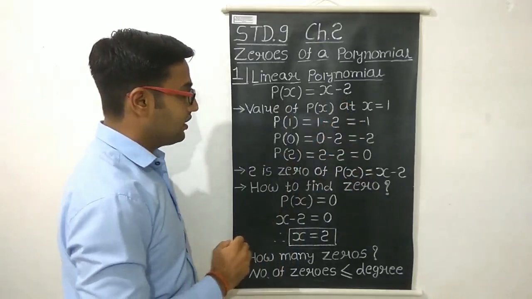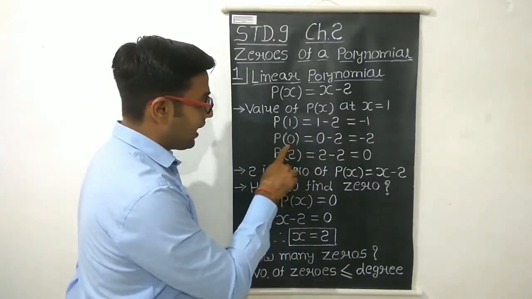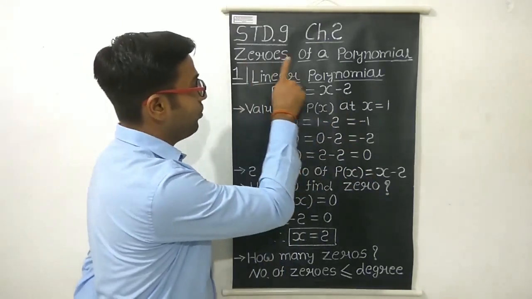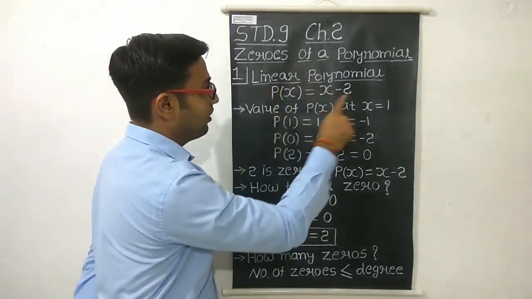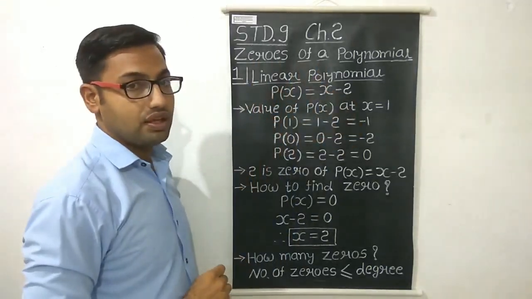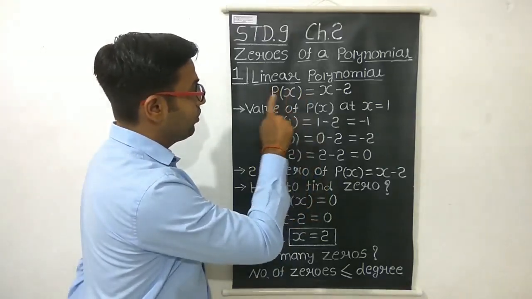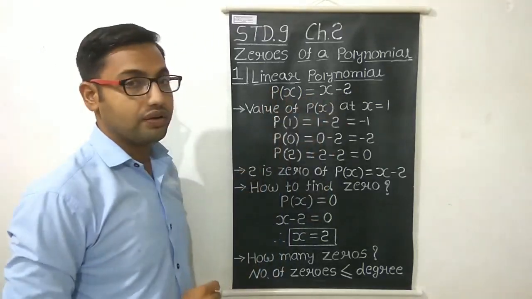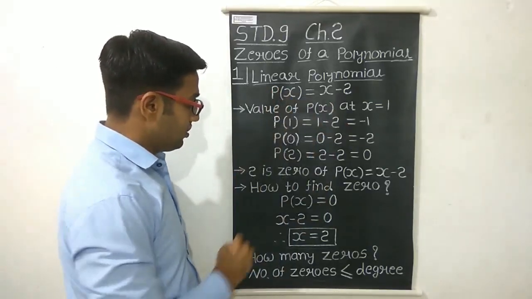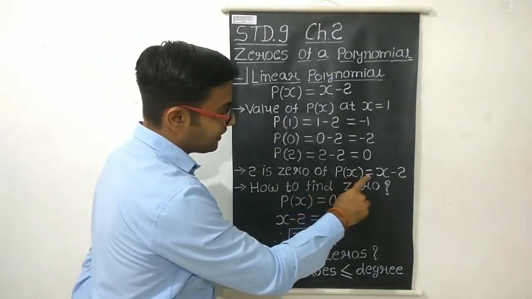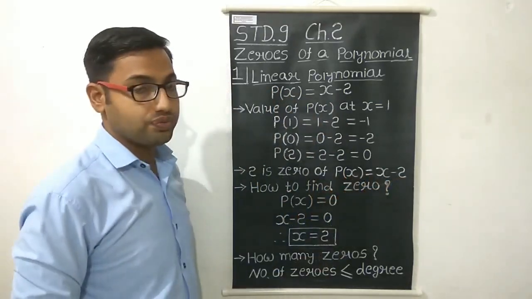And that is why this value of x is called the zero of the given polynomial. Right? So this 2 is the zero of this polynomial. 2 is the zero of p of x is equal to x minus 2.